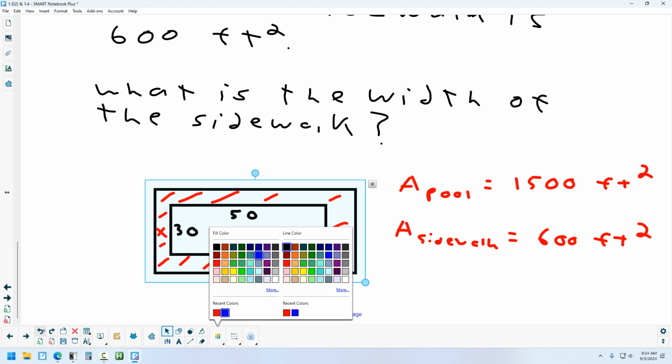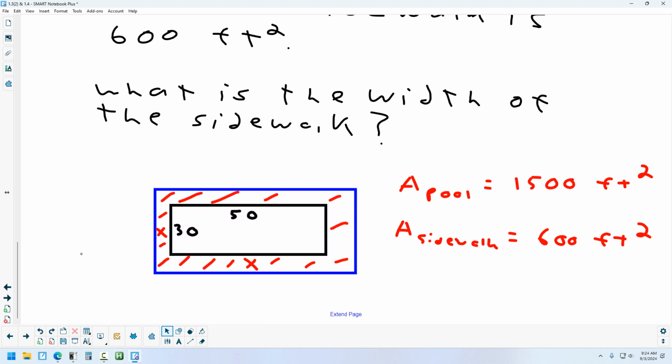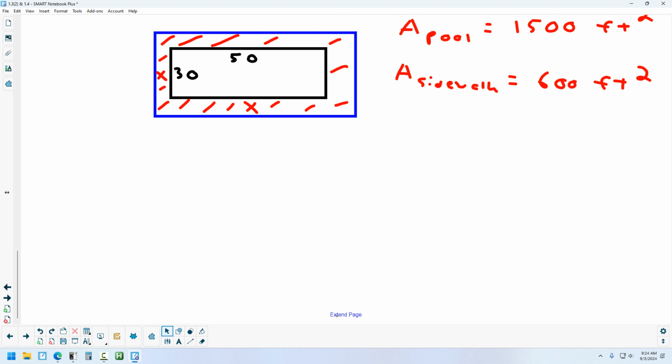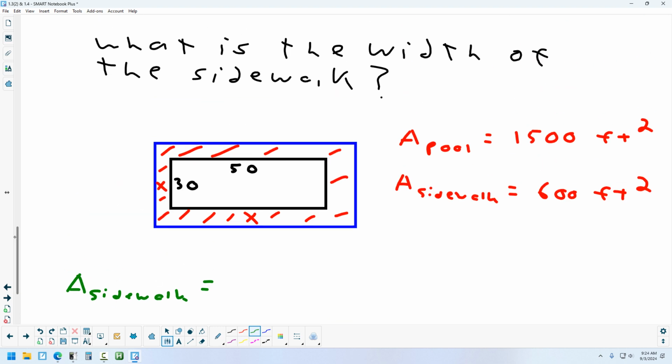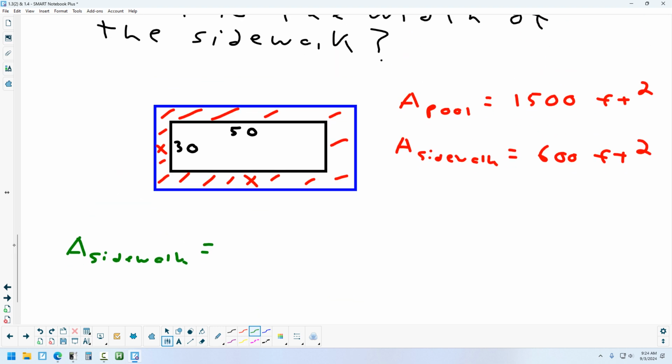Fill color, line color. There you go. Does anyone have an idea how I could set up an equation where the area of the sidewalk would be on one side, and on the other side would be a calculation to find the area of the sidewalk using the shapes that I have on the board?